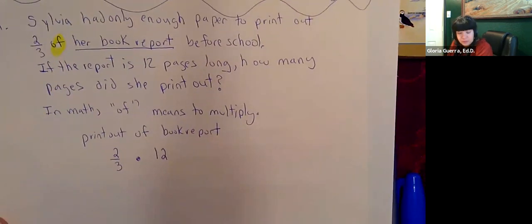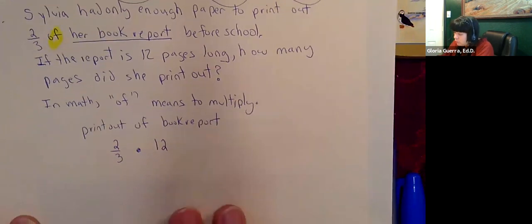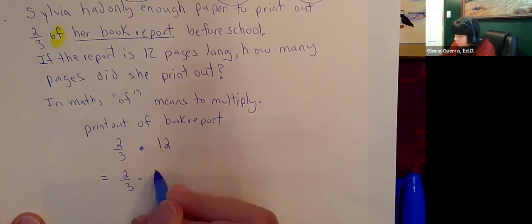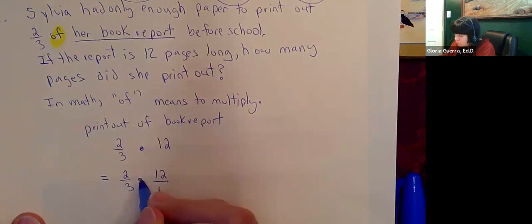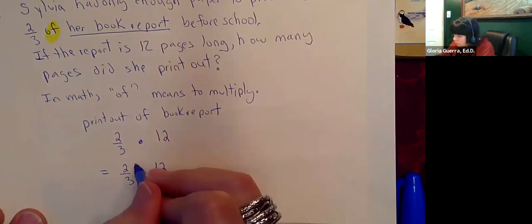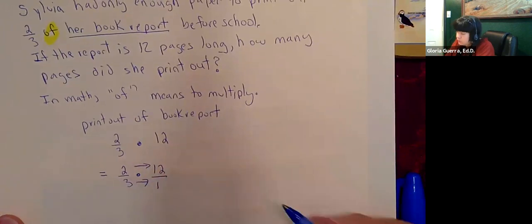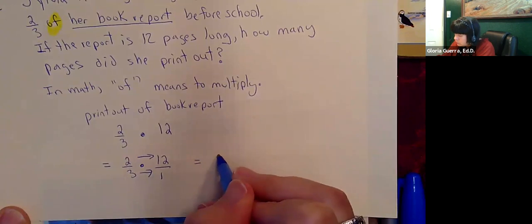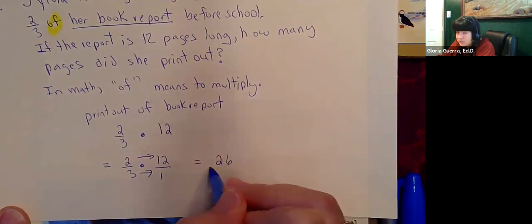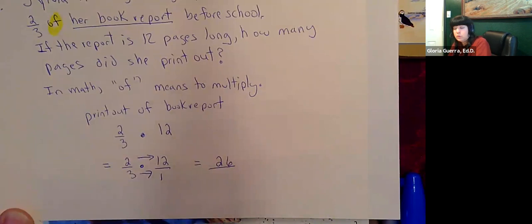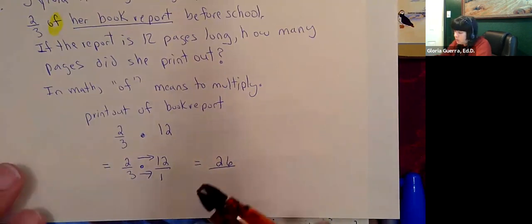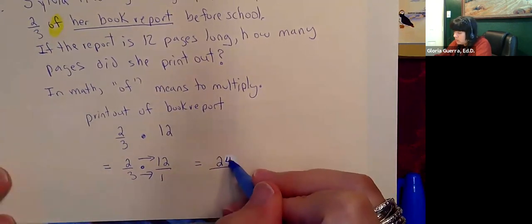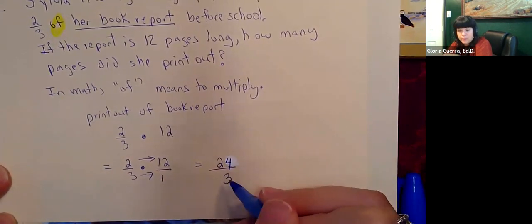So I'm going to write that as 12/1, and then I'm going to multiply straight across. So 12 times 2 is 26, right? Or no, 24. Sorry, 24. 2 times 2 is 4. And then 3 times 1 is 3.